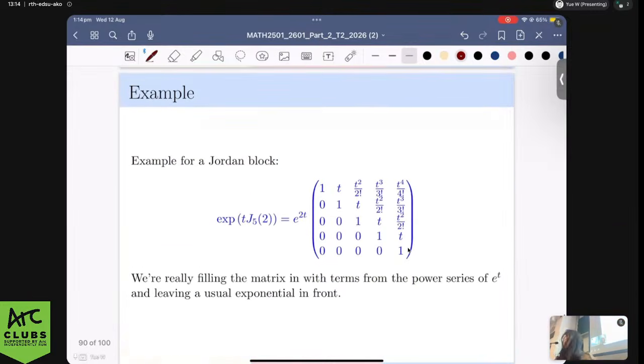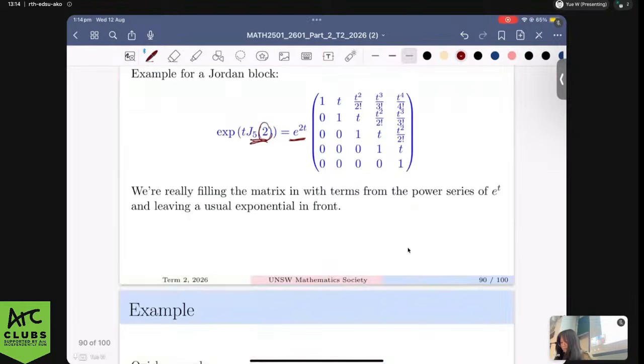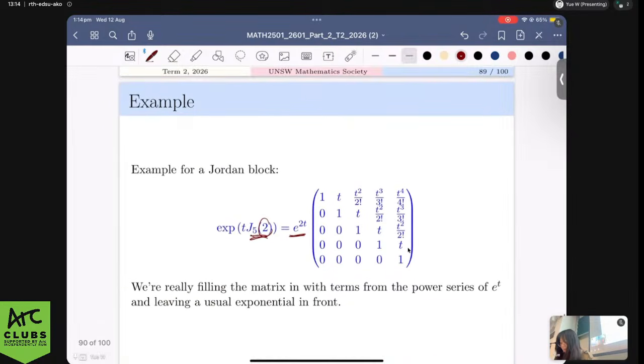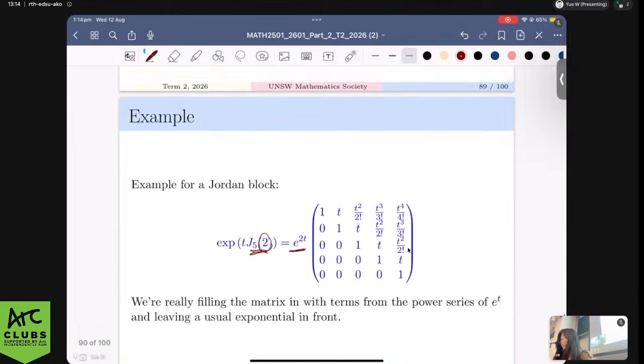So this is just an example of what it looks like when you apply the exponential to t times some Jordan form. In here, our Jordan block is a 5 by 5 matrix with lambda equal to 2, right? So if you apply it here, you just chuck the 2 out and apply the exponential.